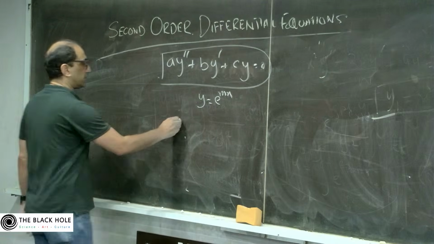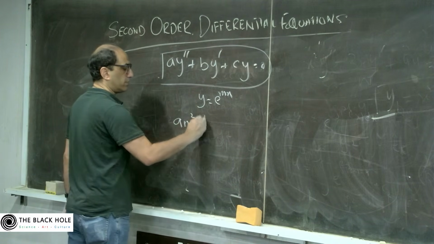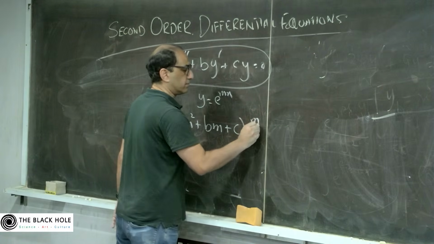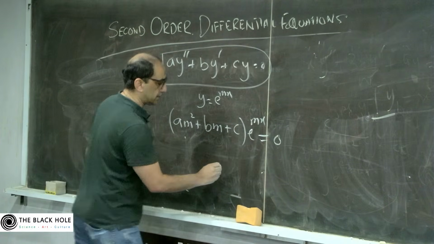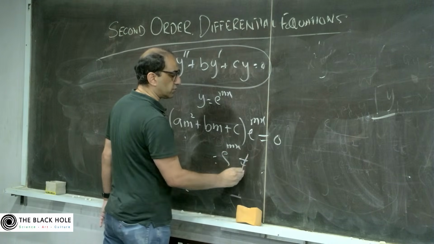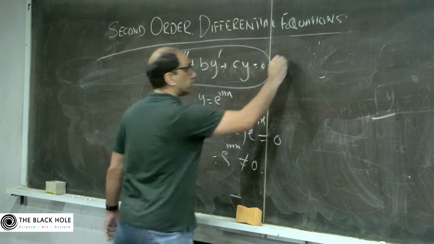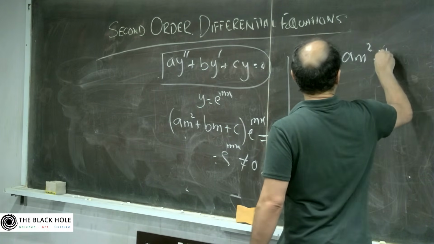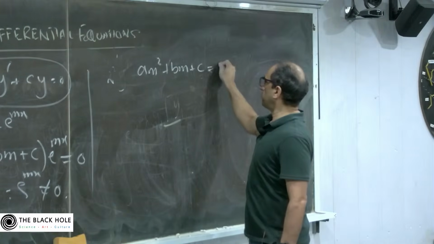So once I do that, because e raised to power mx is not equal to 0, therefore am squared plus bm plus c is equal to 0.